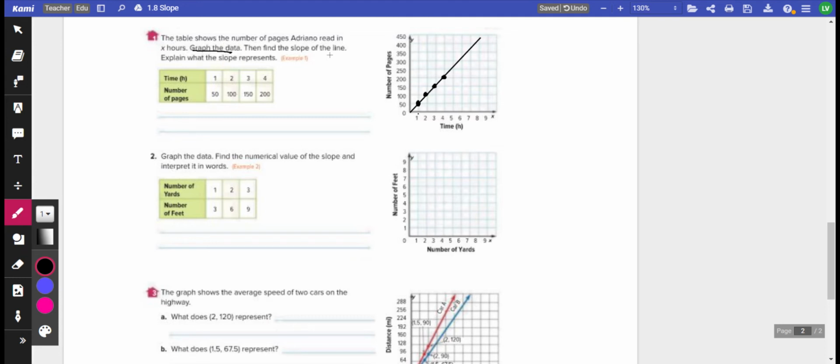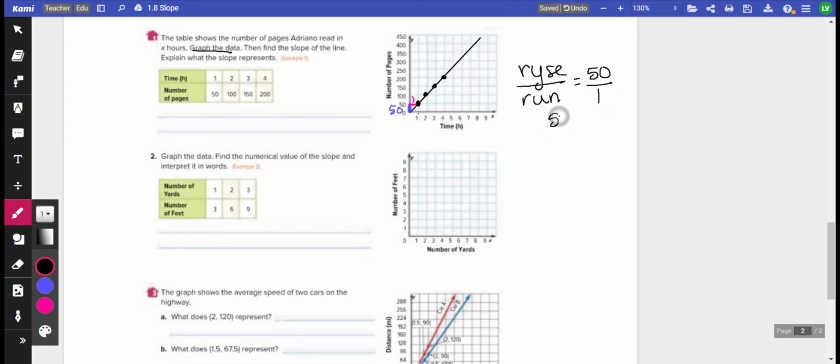Now I want to find the slope of the line. I am increasing by 50 vertically, and I am increasing 1 horizontally. So if I take my rise divided by my run, I'm increasing by 50 divided by going to the right 1.